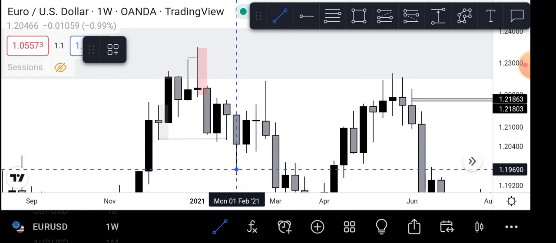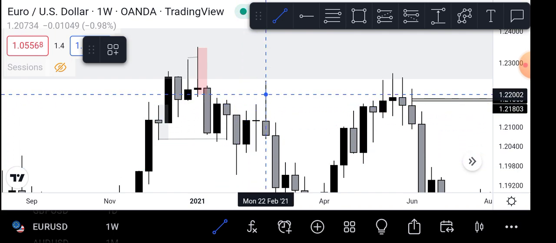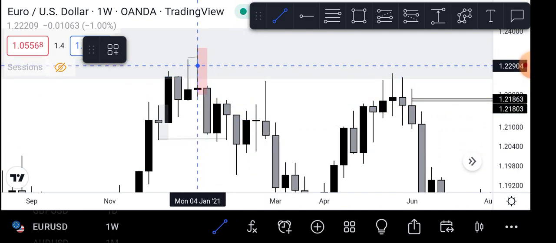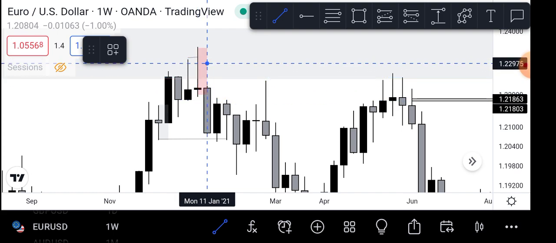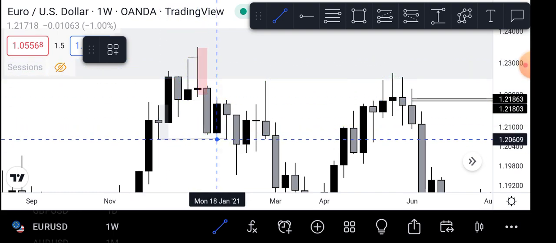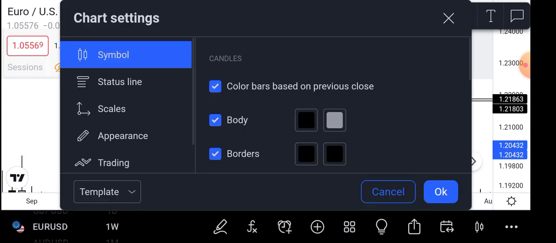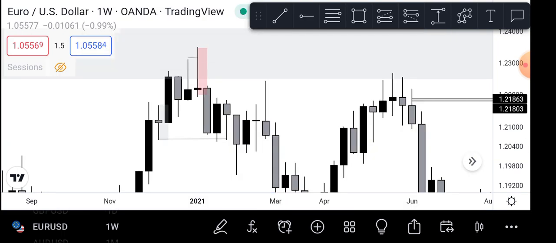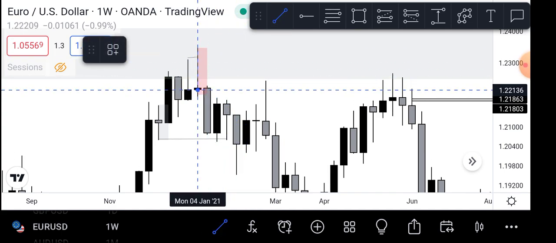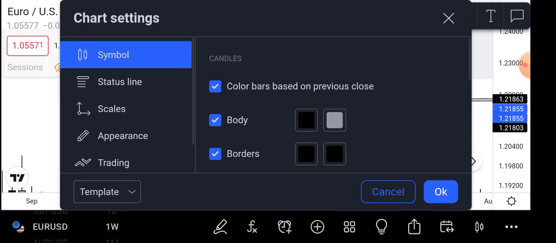So you can see after the break of structure, price retraced to this foundation right here. This is the range that broke this holding supply. Are you getting me? So now, even if we go to the lower time frame, in this range you will still see your supply zones inside the range.